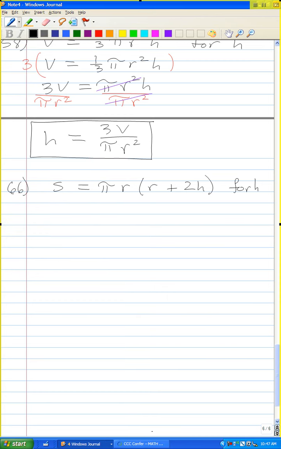Yes, we can solve this. Well, in this case, what we're going to do first is multiply the pi r in the parentheses, and then I'm going to try to isolate my h.